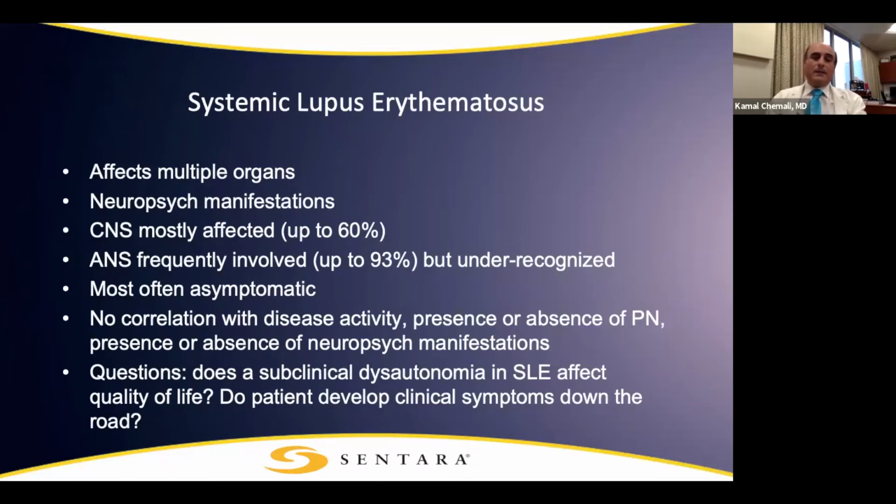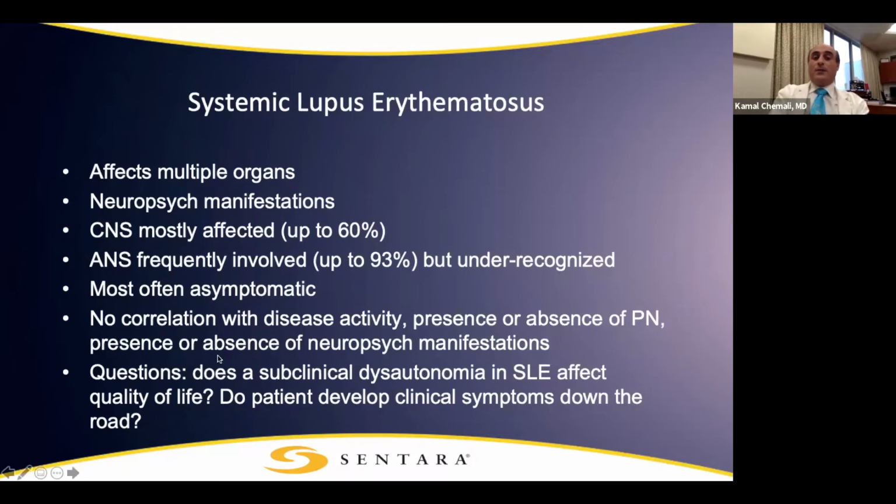And there is no correlation. That's important. And I think it's also valid for all these disorders, that there is no correlation with disease activity, with the presence or absence of a peripheral neuropathy, or the presence or absence of neuropsych manifestations. So if you have a severe lupus, doesn't mean that you're going to have a more severe autonomic disorder with it.